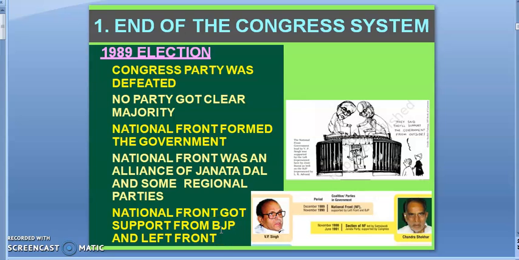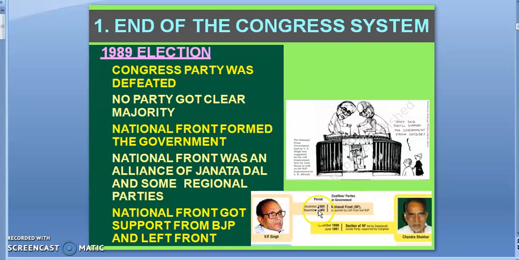Means they were not a part of the government, but from the outside they were supporting the government. This National Front ruled from 1989 to June 1991, and two prime ministers changed during its rule.